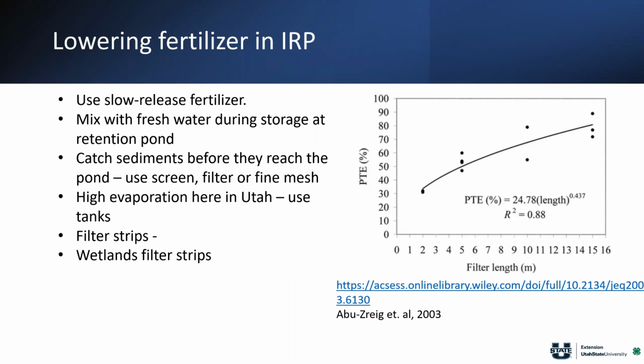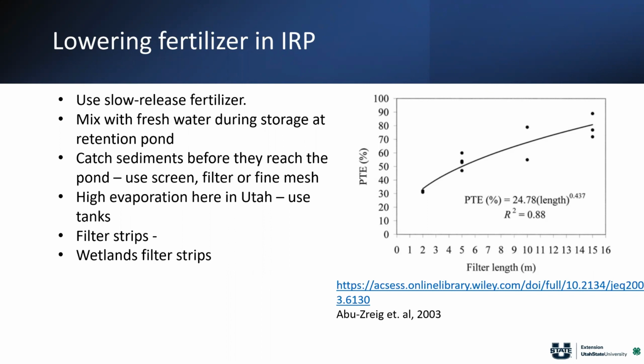It works even for nitrate or nitrogen, and we can reduce the amount of those fertilizers in the retention pond. Now, these are about fertilizers like nitrate and phosphate. In most cases, these are beneficial because they reduce the amount we need to apply to the plant. If in case it's a problem, these are the ways we could lower the fertilizer.